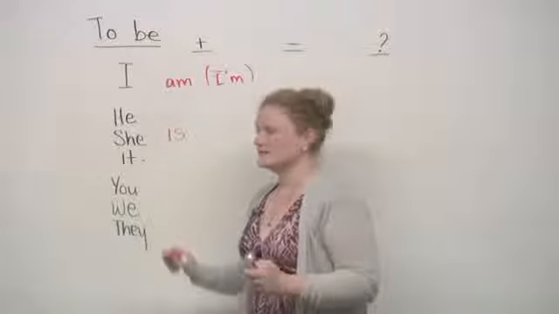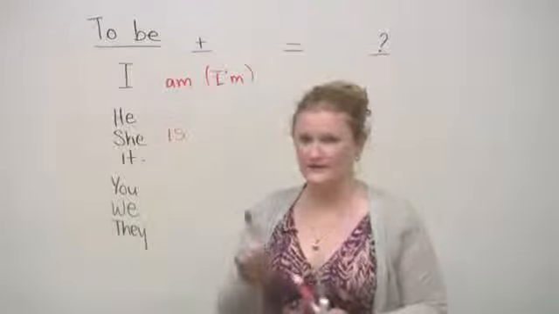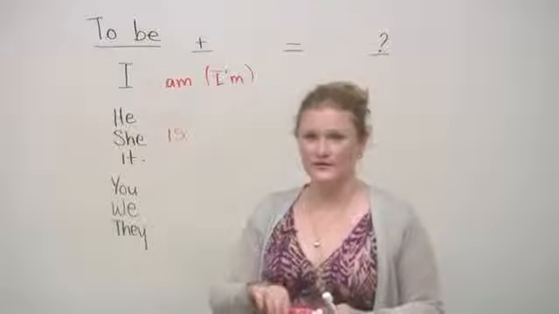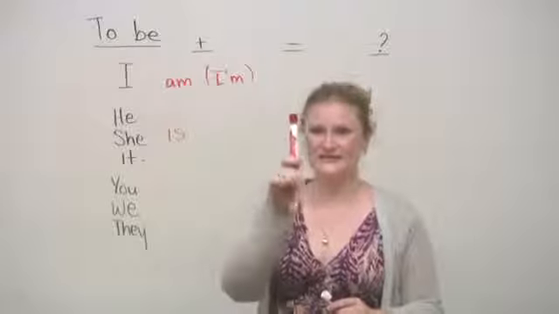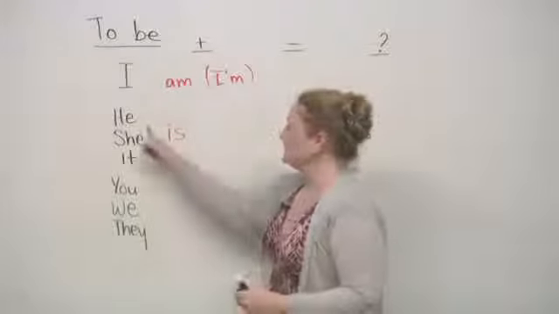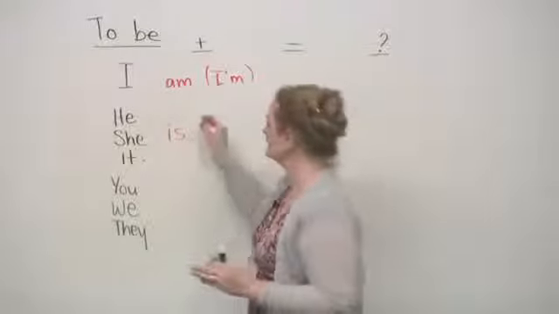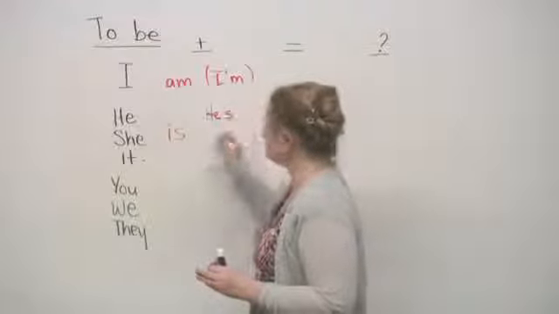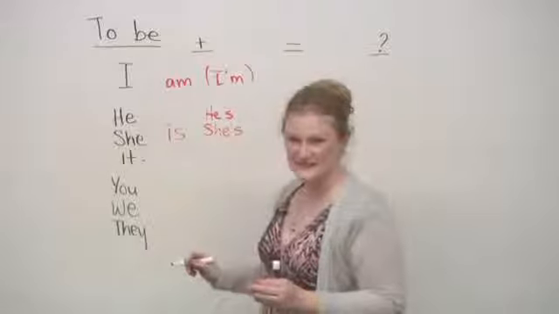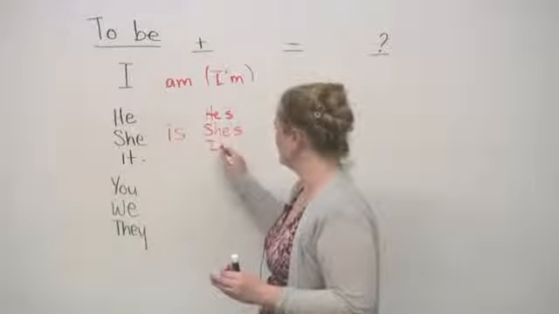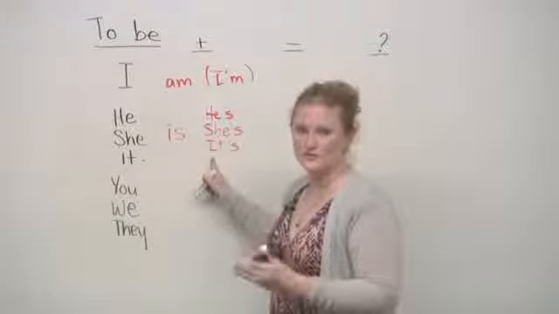Now, it is a singular noun, so that means one of something that is not a person. For example, my marker, I can say it is red. Okay? When we say he is, or she is, or it is, we can shorten it and we can say he's, she's, or it's. Again, these are the shortened versions.